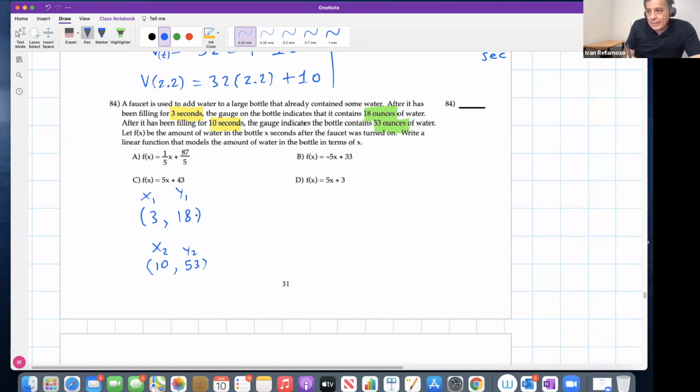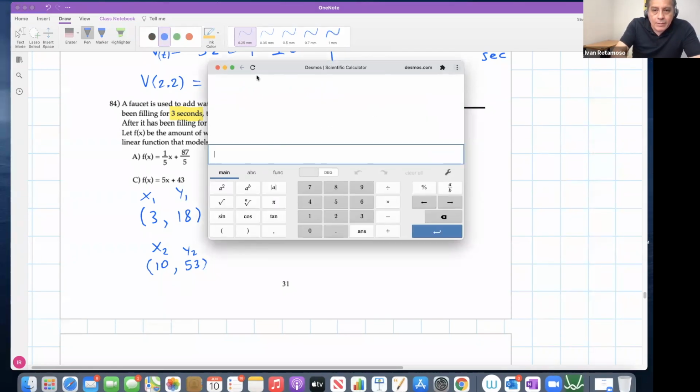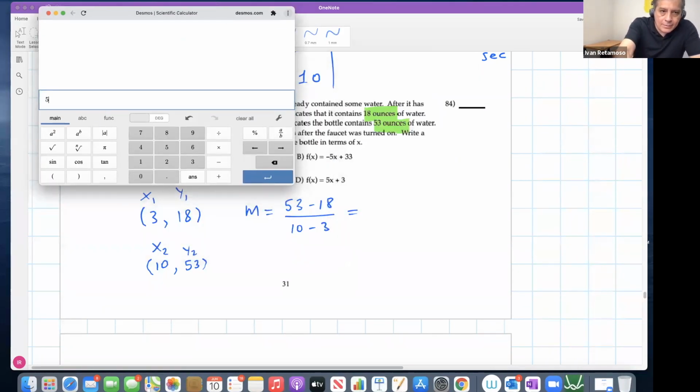All right, to do that, compute quickly the slope as the difference of y2 minus y1, so 53 minus 18 over 10 minus 3. This slope, when computed, you should do it with a calculator probably to play safe, right? In case you cannot do this in your mind, just type this, highlight, slash, 10 minus 3, or you can use this fractional form also.